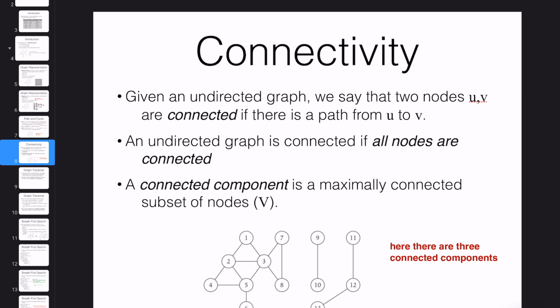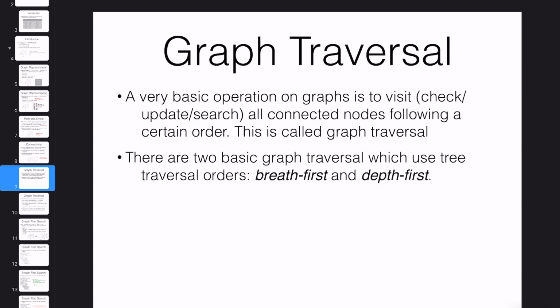So a connected component is a maximally connected set of nodes that are all connected to each other. So here in this graph, we have 3 connected components.